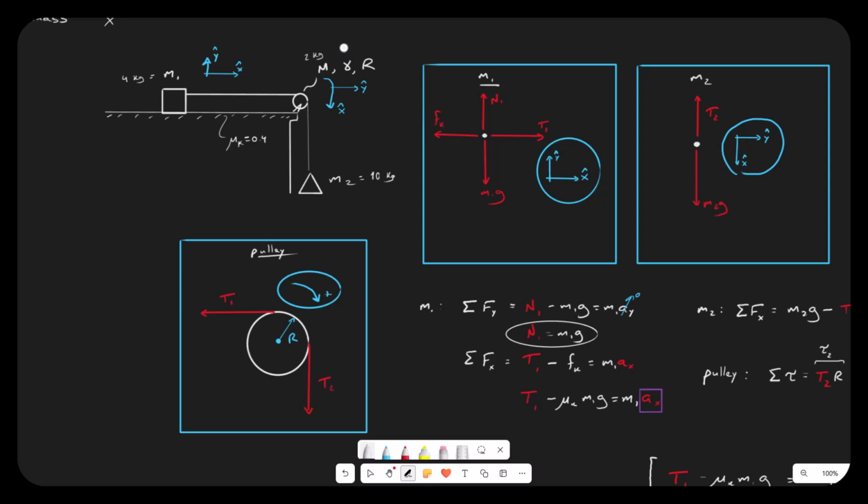If it's a solid pulley, gamma is going to be a half. The radius doesn't matter, because it canceled out anyway.